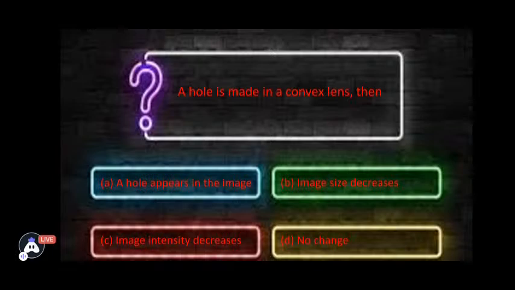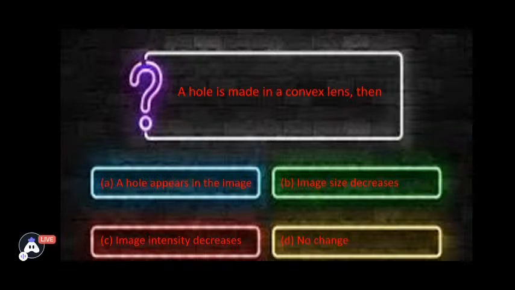Okay, so think. Hurry up. What will happen? See, you can correlate this question with your NCERT question in which a convex lens was covered with black paper. One half of the convex lens was covered with the black paper.